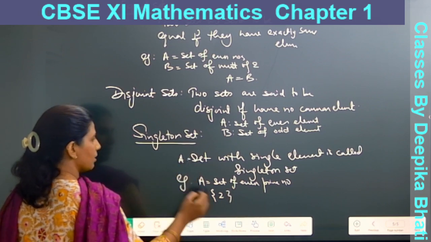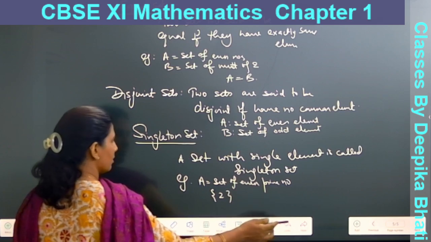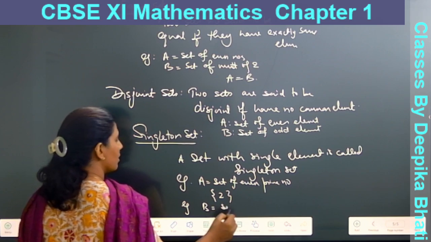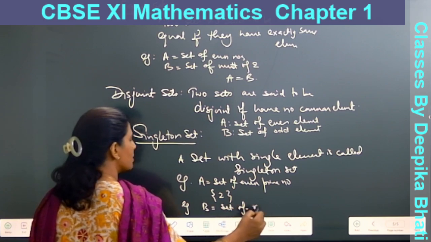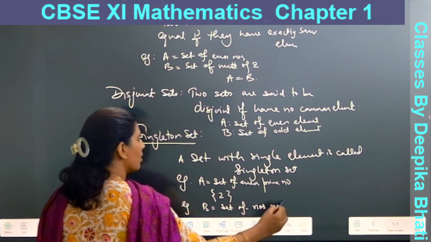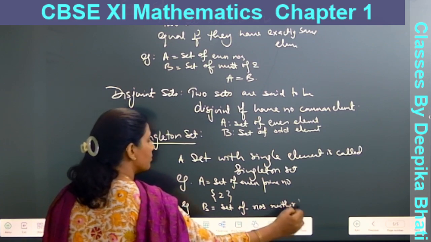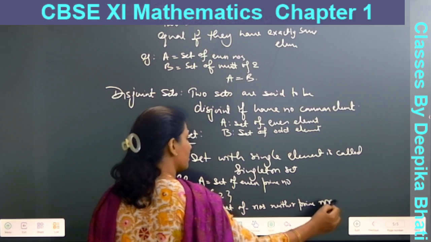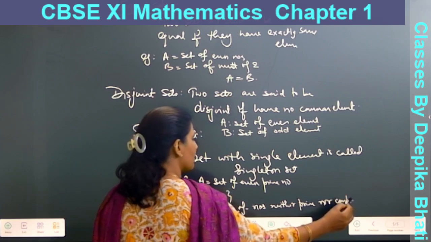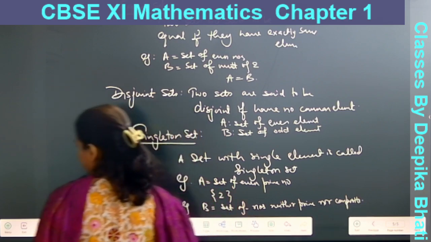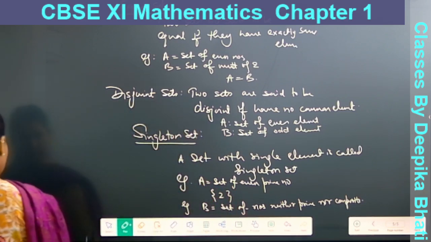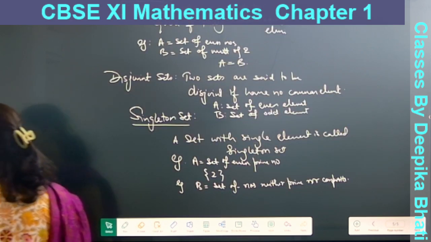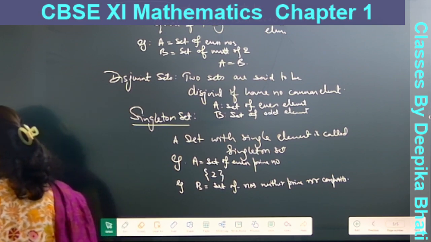Another example, set of numbers which are neither prime nor composite. A number which is neither prime nor composite, which is the number? 1.